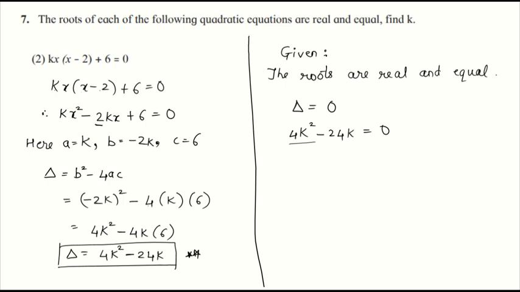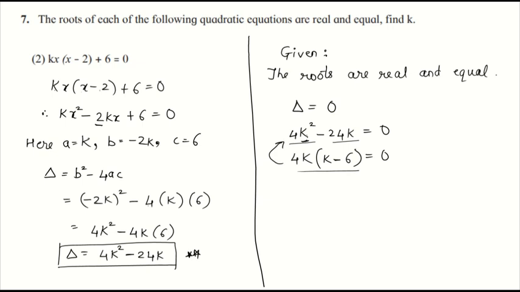So 4k is common, we will take 4k outside, and this k remains here. This k minus 4 into how much is 24? 4 into 6 is 24, is equal to 0. So on solving this, we will get this.